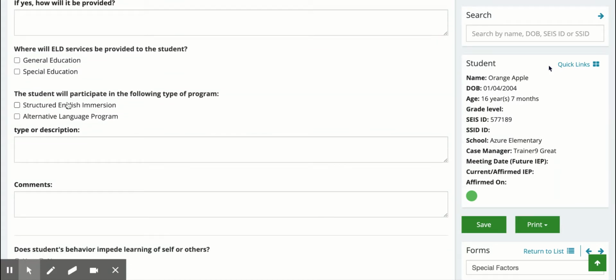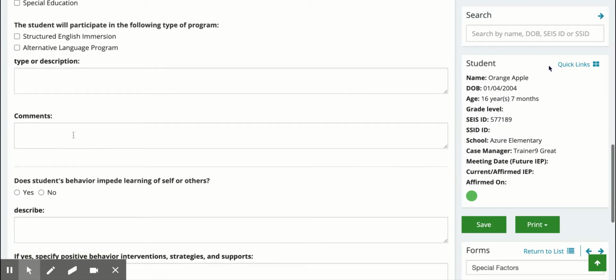Next, the student will participate in the following type of program: a structured English immersion program or an alternative language program. Please click the appropriate box and then type in a description here. Additional comments can also be put here. If you do not have any additional comments, please place an NA in the box.